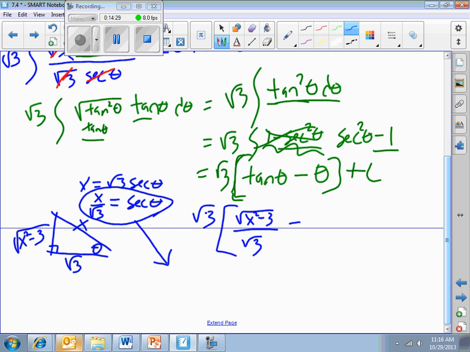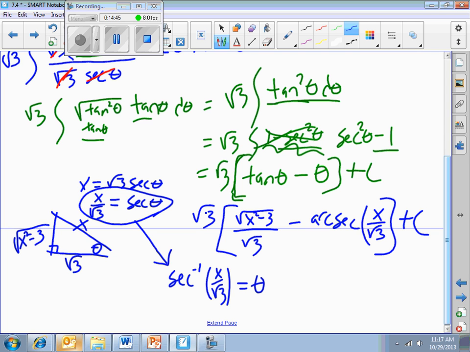To solve for theta, you take the inverse secant of both sides, and I have a solution for theta. So this is arc secant, if you want to write it that way, either way, it doesn't matter, x over radical 3 plus c. And now we've integrated it.